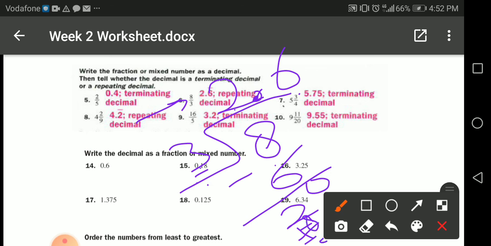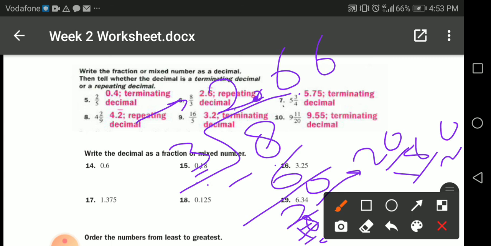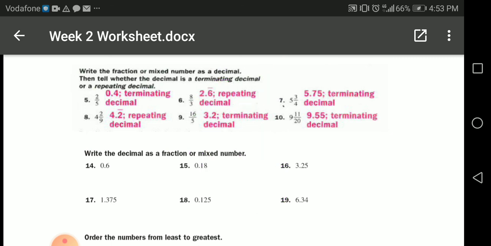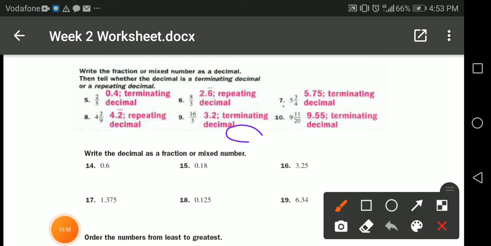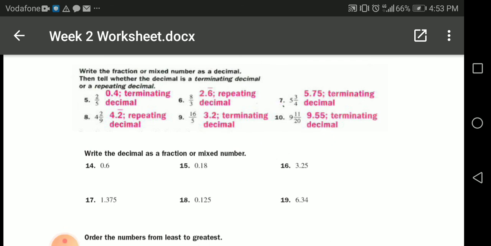I want 0, so I write 20. 20 divided by 3 is also 6. Then 6 times 3 is 18, so 2, and then the same. So it's a repeating decimal. I write it like 2.6 with the dash up here. So it's called a repeating decimal, Miss Dina.